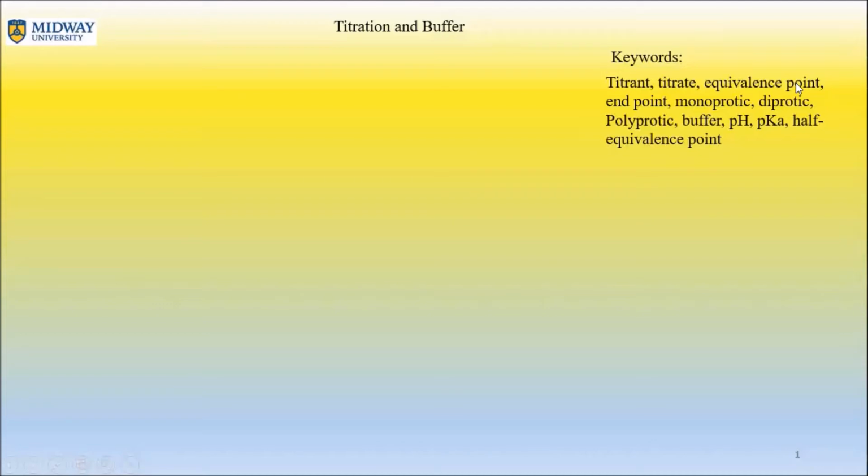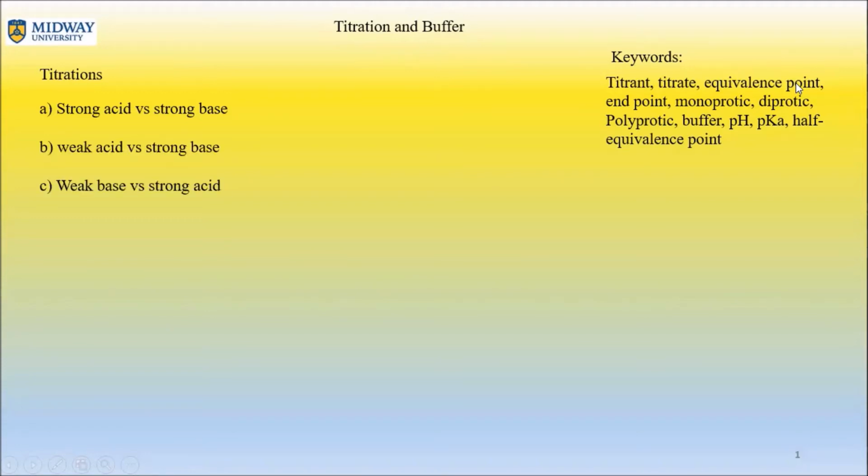So there are some terms that we need to know, and I'm going to explain them as we go along with the help of me drawing some figures, all right? There are primarily four kinds of titration. The first one is strong acid versus strong base, then weak acid versus strong base, weak base versus strong acid, and finally weak acid versus weak base.